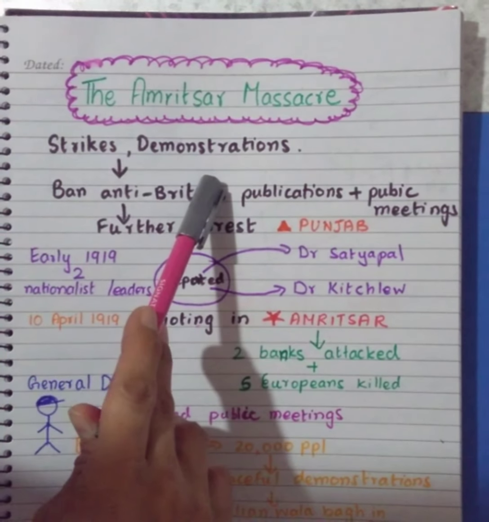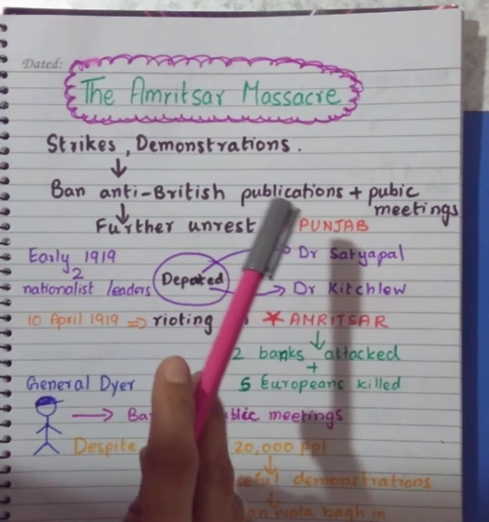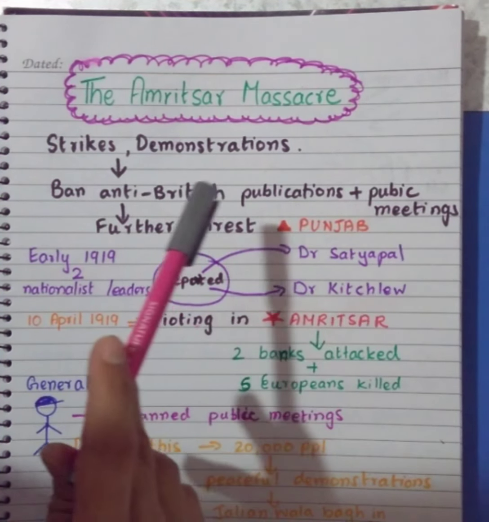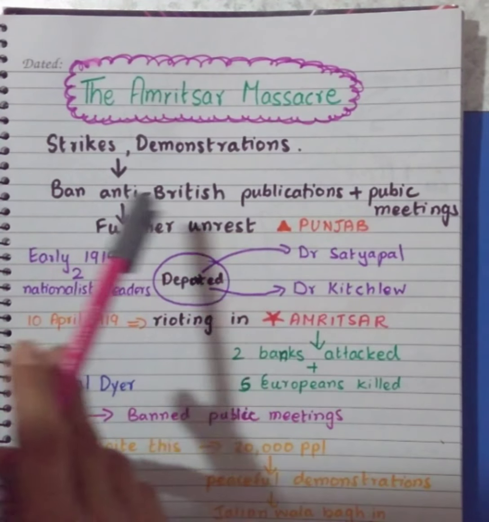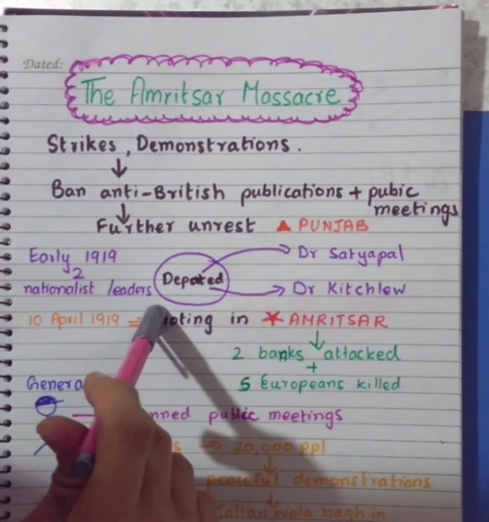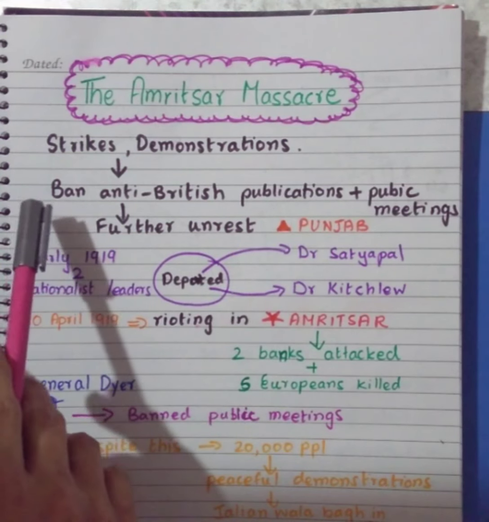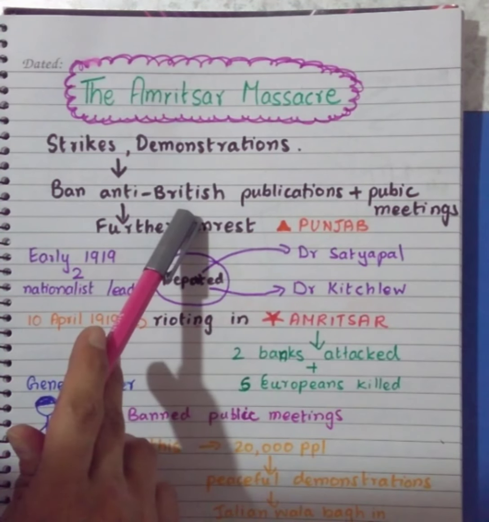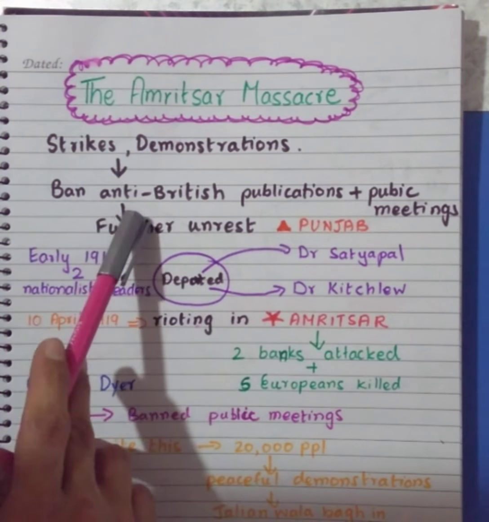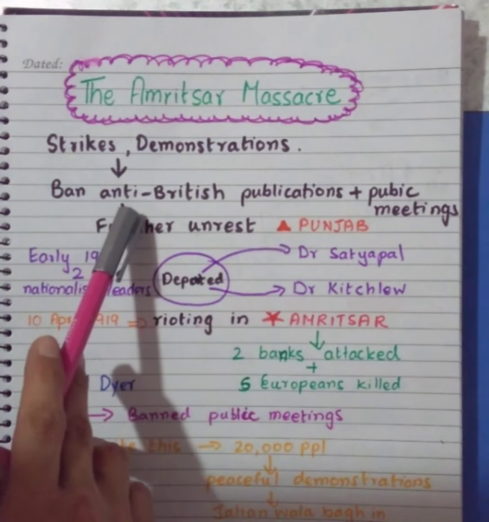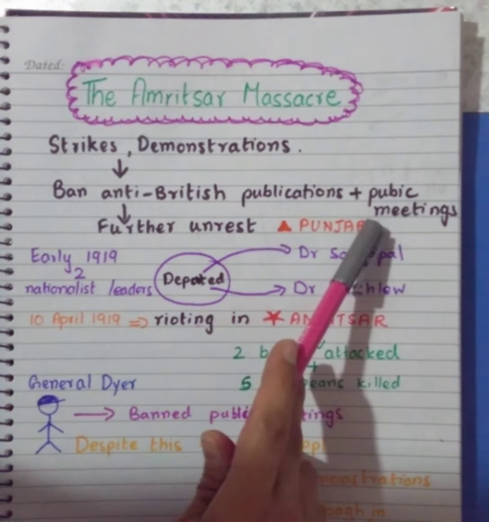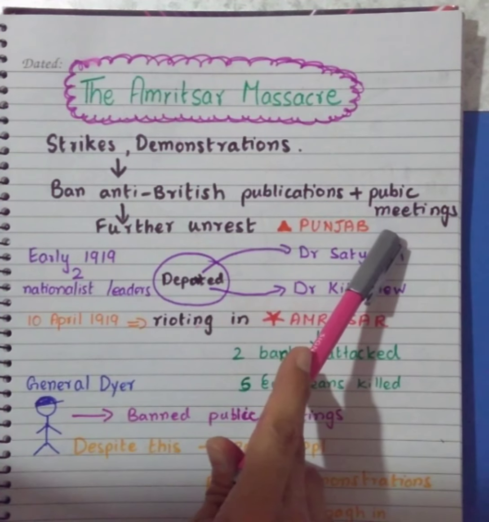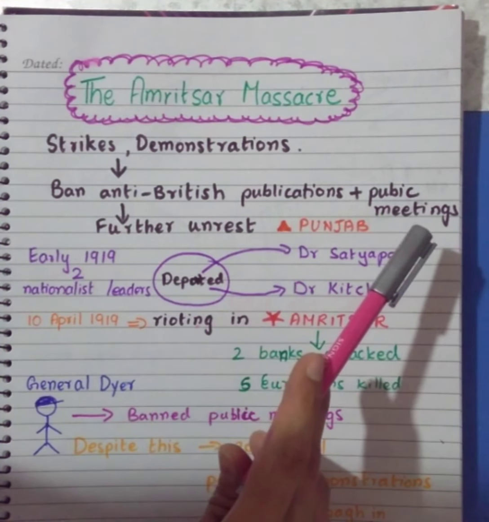There were strikes, demonstrations. Gandhi had started off a non-cooperation movement, and hartals were organized everywhere. Jinnah had resigned from the Legislative Council. Then the British government, on the other hand, tried to ban anything which is anti-British. All anti-British publications were banned, and all sorts of public meetings which were being held on a large scale were also being banned.